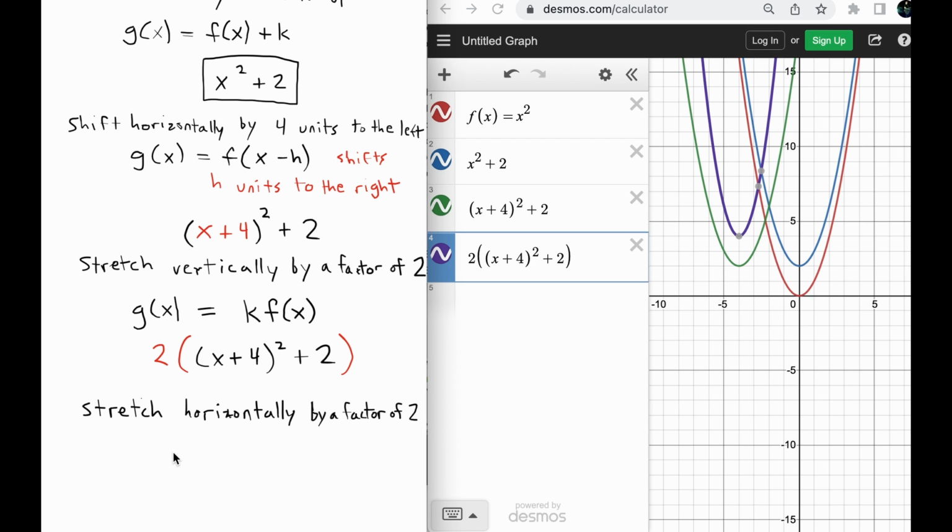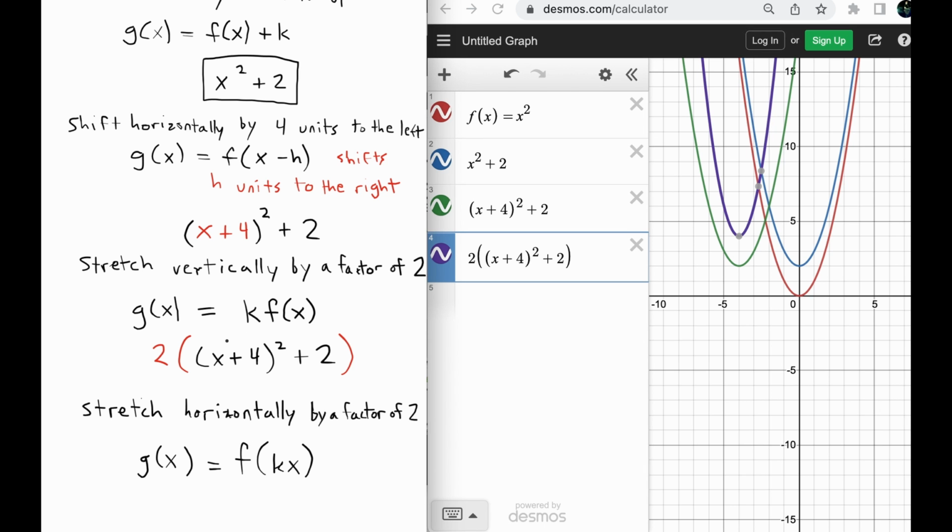Alright, so that one's a little bit tougher to do, a horizontal stretch. You have to apply the stretch directly to the x variable. Alright, so if we're doing a horizontal stretch, we'll do g of x equals f of k times x. So there has to be some number k which gets multiplied by x.